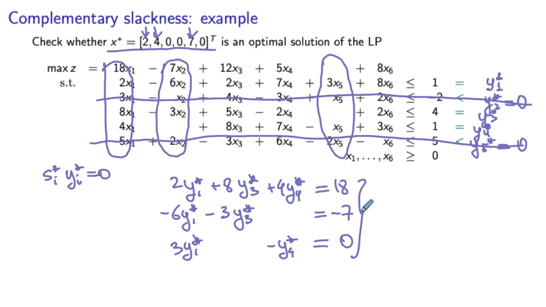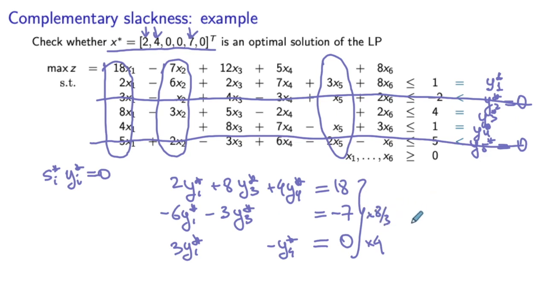For that we can use the second equation here to eliminate y3 star in the first equation, and we can use the third equation to eliminate y4 star in the first equation. So for that, we need to multiply this equation by 4 and add it to the top row, and we need to multiply the second equation by 8/3 and add it to the top row.